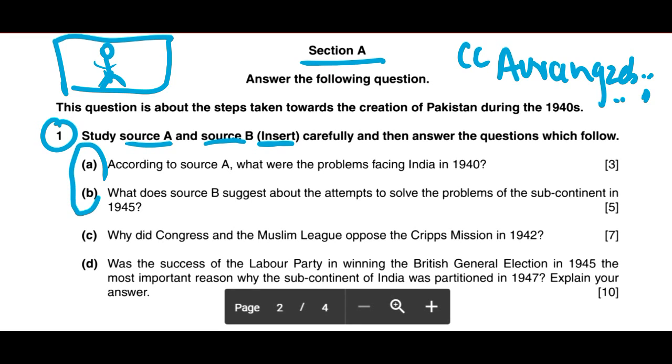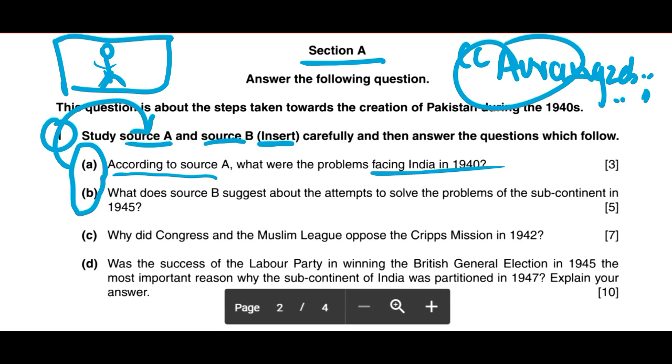Your question 1, parts A and B, are related to your sources. If you check out part A, according to source A, what are the problems facing India in 1940? So whatever your source A is showing you over here, you're going to answer this question accordingly.